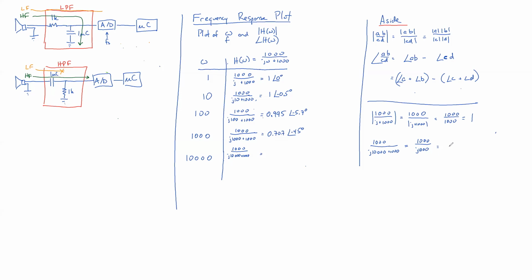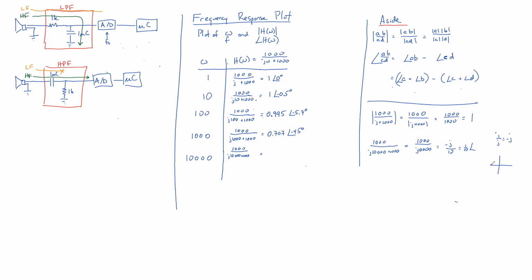And so that's going to be equal to minus j over 10, since remember 1 over j is equal to minus j from last year. So that's 1/10 at an angle of, let's see, what angle is minus j?